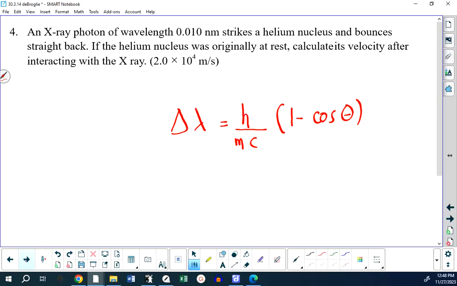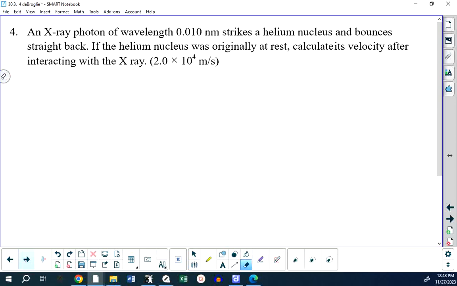So, as I said to you this morning in Sabre Support, if you were here, this was the conversation Armand and I had. In this situation where you were told the wavelength of the photon before and the angle that it scatters at, and let's be clear here, the angle is 180 degrees because it goes straight back.